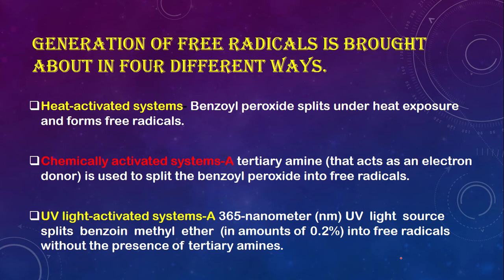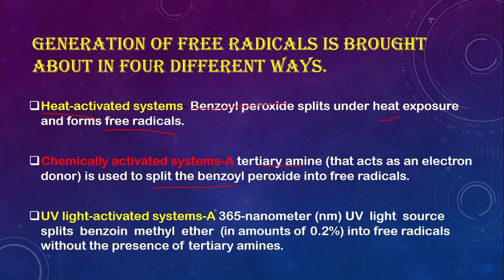So free radicals are brought about in 4 different ways. Let's discuss them now. In the heat activator system, the benzoyl peroxide splits under heat exposure and forms free radicals. In the chemical activator system, a tertiary amine is used to split the benzoyl peroxide into free radicals, which we have discussed just now.